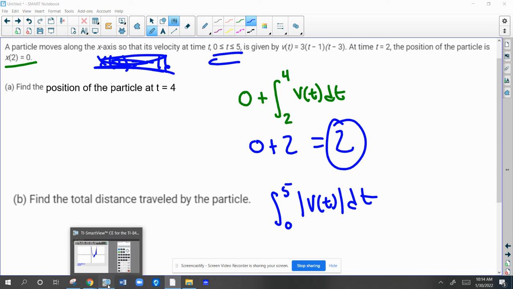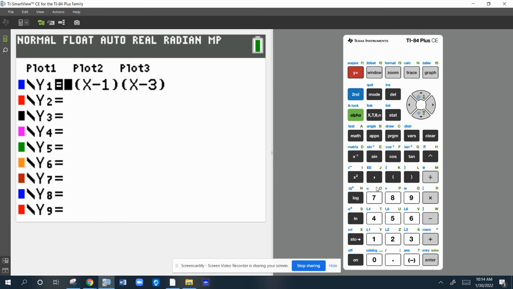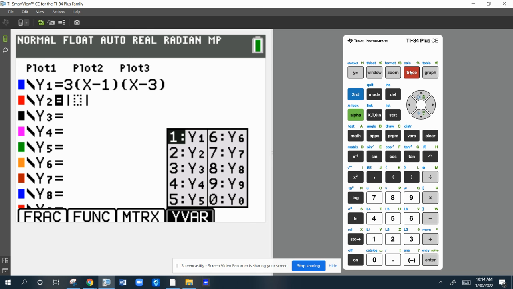So to integrate the absolute value, you can just find the absolute value and type it again. I'm going to turn this graph off. And then on this graph, I'm just going to find my absolute value key and then type in alpha trace to get y1, so I don't have to type it in again.